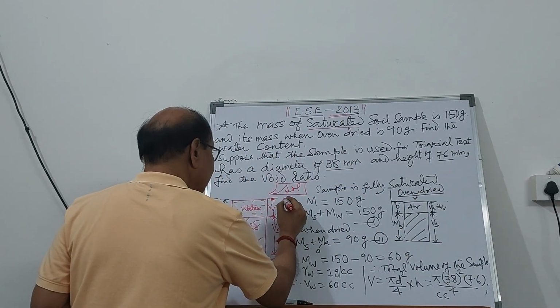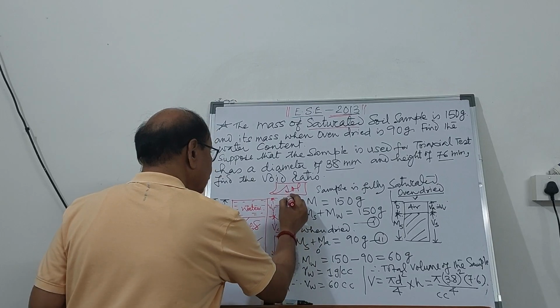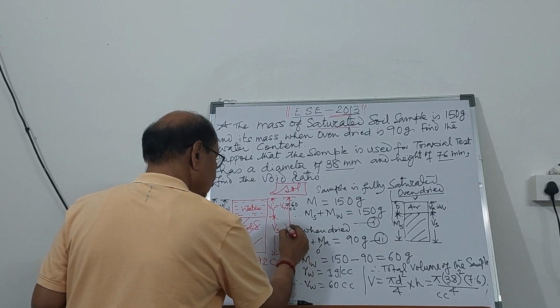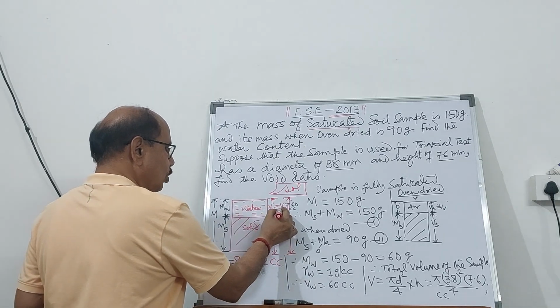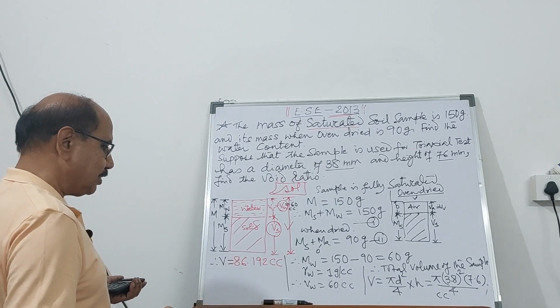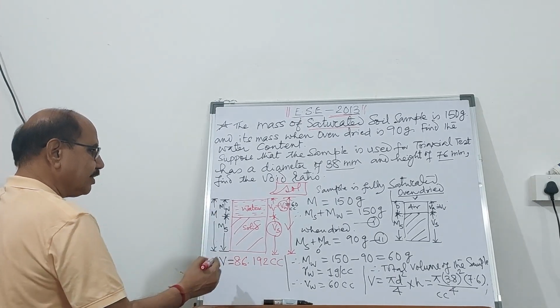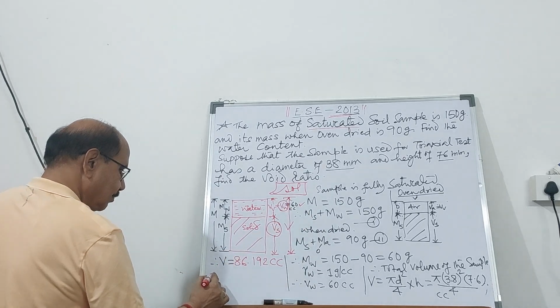So total volume is known to us. This is the total volume, V. So total volume minus volume of water will give you the volume of soil solids. So you can get everything. Volume of water is already known to you, 60 cc.